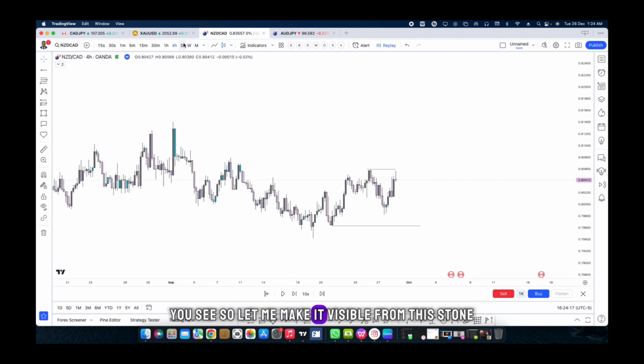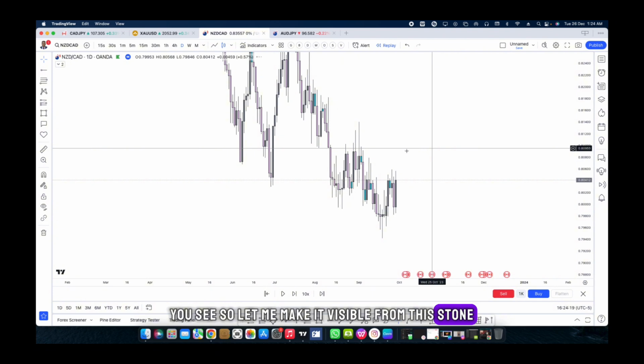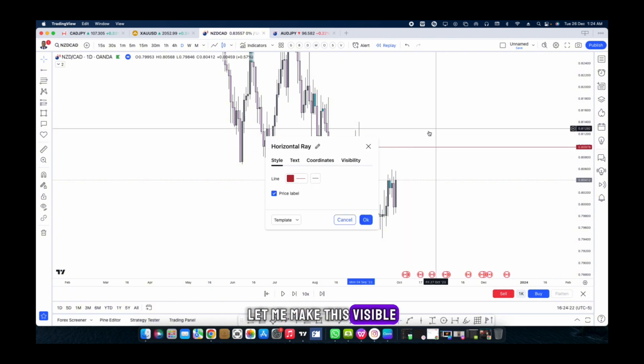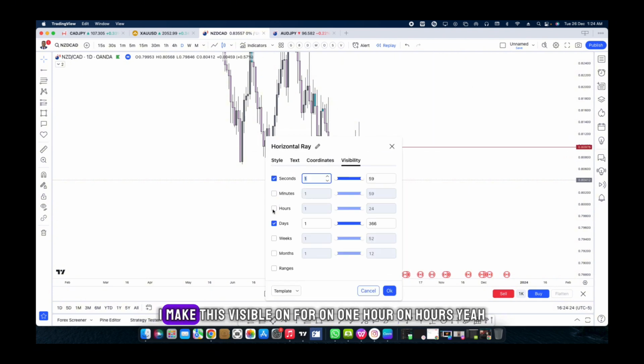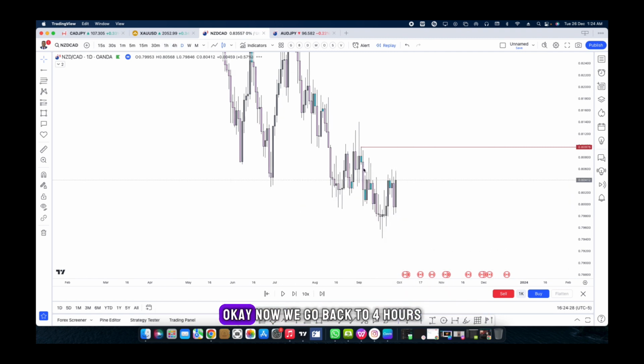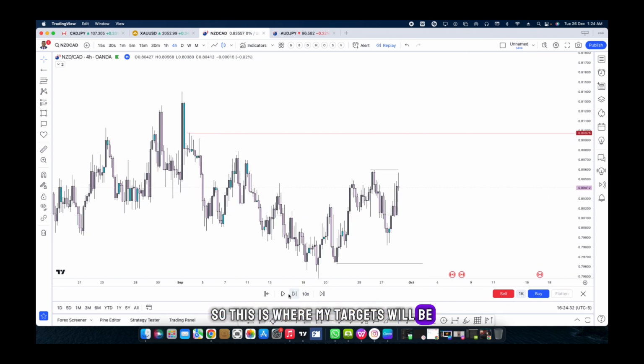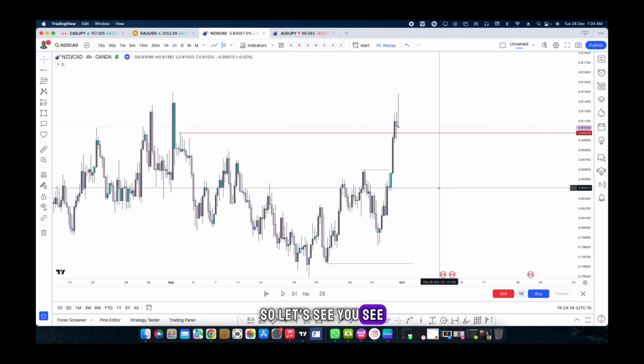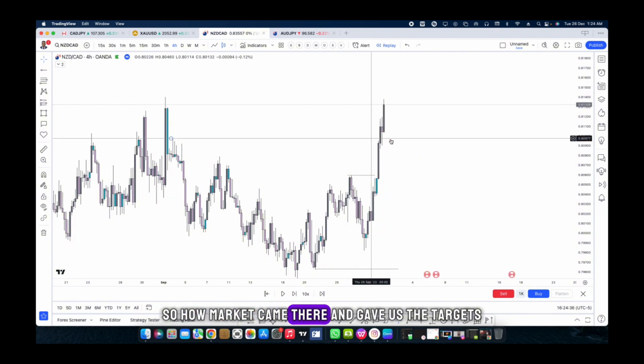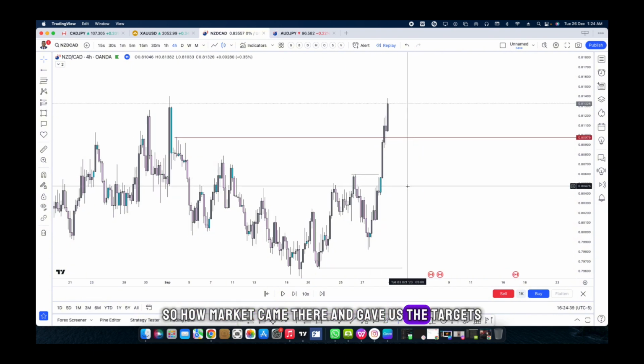So let me make it visible from this zone. I make this visible on 1 hour. Okay, now we go back to 4 hours. So this is where my target will be. So let's see. You see? So how market came there and gave us the target.